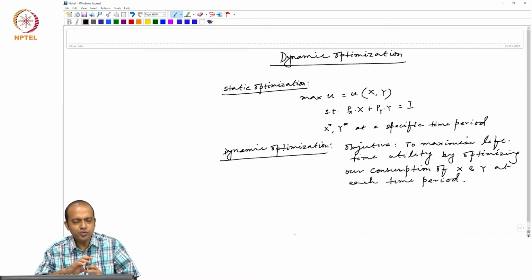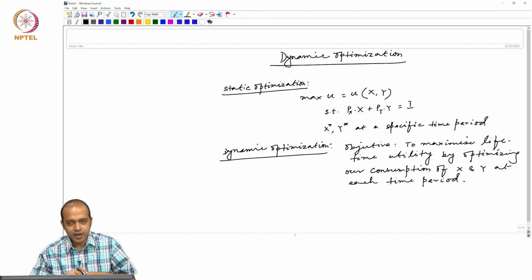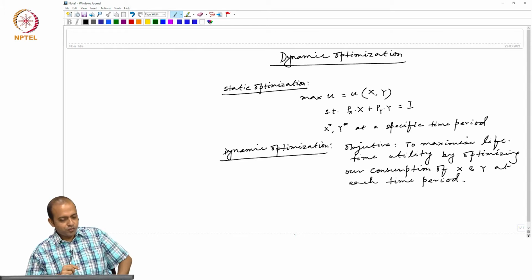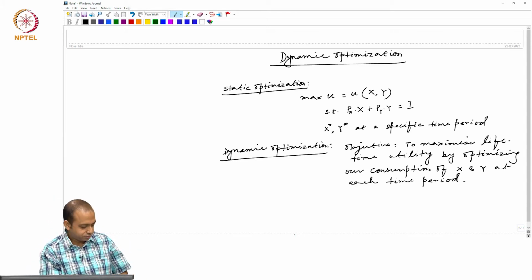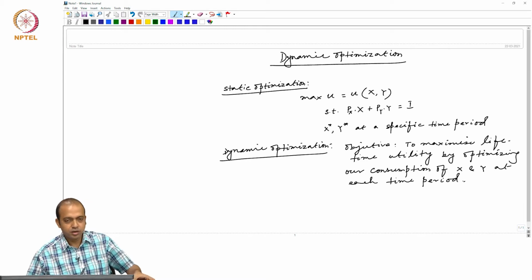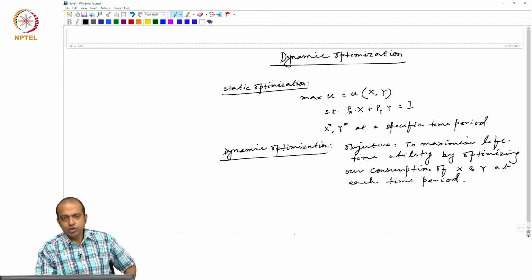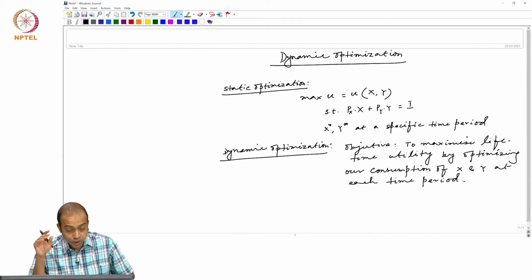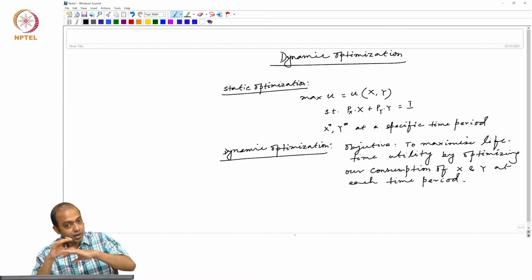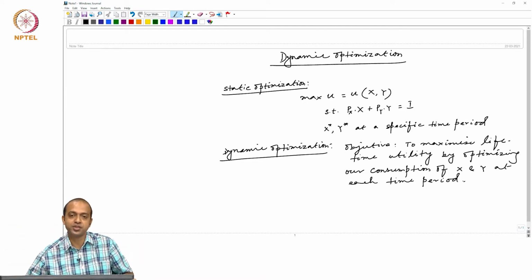So, you can easily understand, if we assume that we are going to live for let us say 70 years or 80 years, then during this entire 70 or 80 years, we need to decide how much to consume, how much to invest, how much to save at each and every time period, each and every year, so that my lifetime utility is maximum.